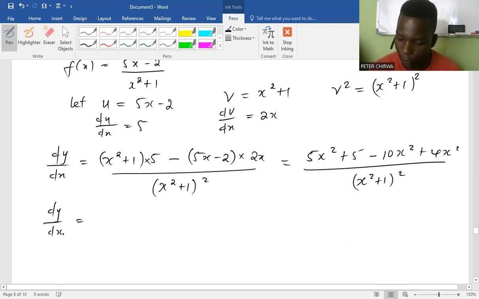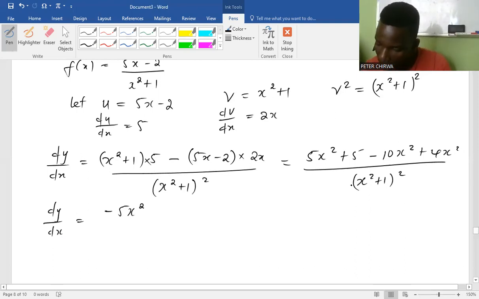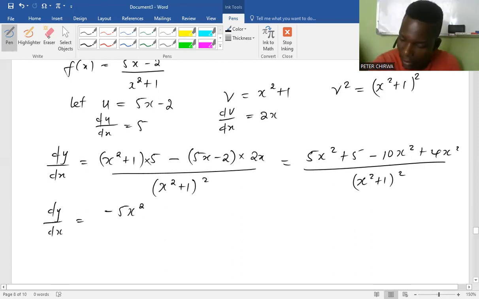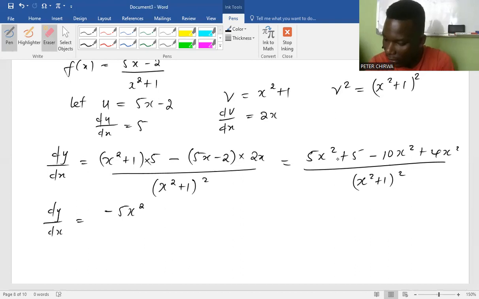So the change in y with respect to x is actually, we have like terms here. We have 5x squared, and then we have minus 10x squared. Sorry, this one is not going to be squared.